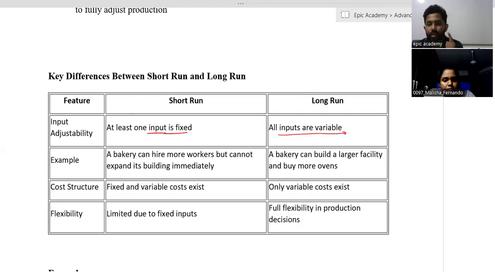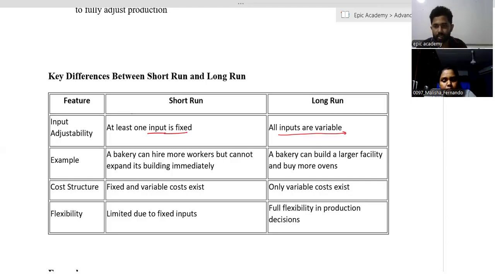Because in the long run, your financial strength and abilities are at a high level. On the other hand, in the short run your profitability is at a low level, but in the long run your profitability is at a high level. That is why you can change each and every thing. That's the difference.